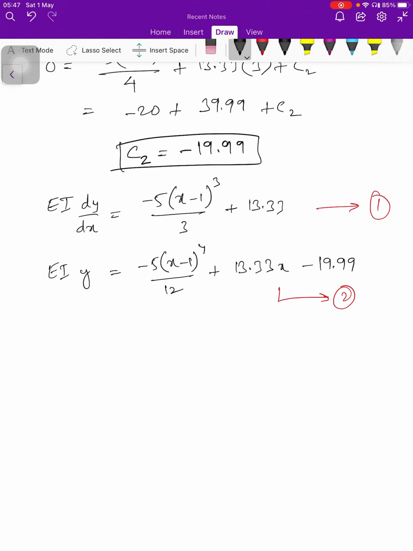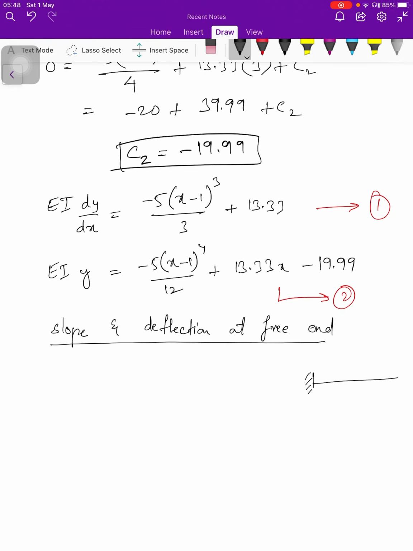Now what is asked in the problem? You need to calculate slope and deflection at the free end. As I told you before, the x is measured from the free end. So if I want to calculate the slope and deflection at the free end, x will be 0. A and B, this is 10 kilonewton per meter, 2 meter and 1 meter.